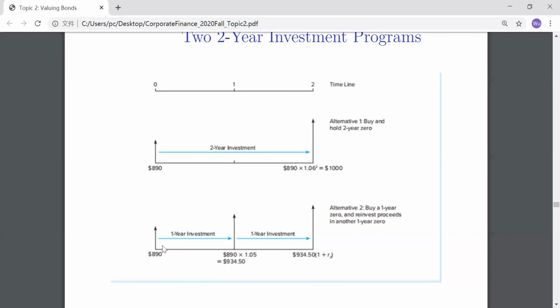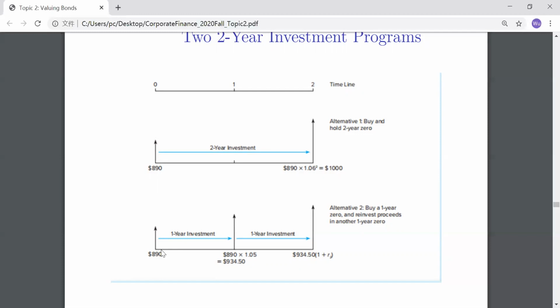Now, we don't know the interest rate for the second period, so suppose that's R2. That means at the end of the second year, the future value of this 890 is going to be 934.5 times 1 plus R2.